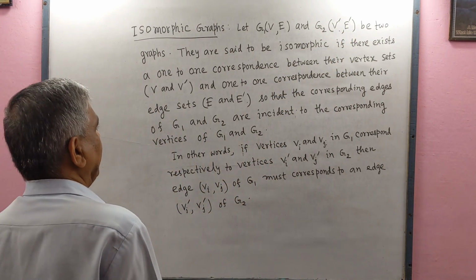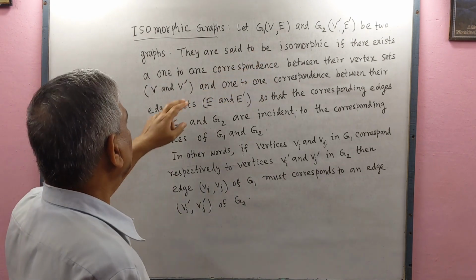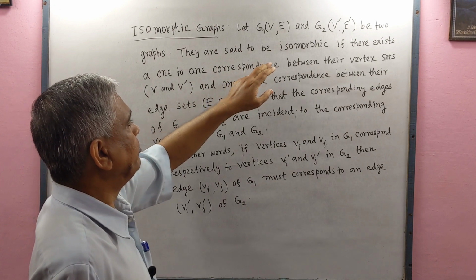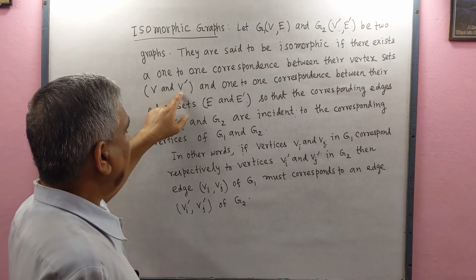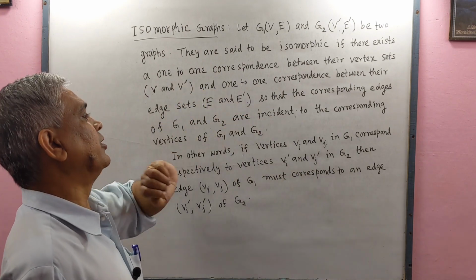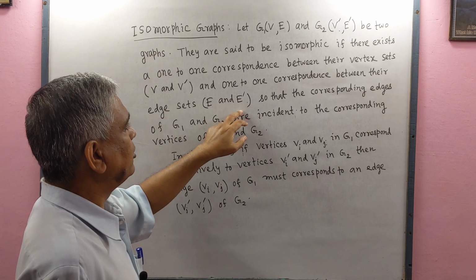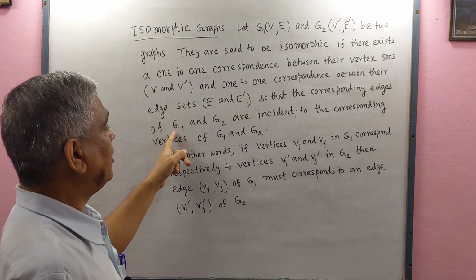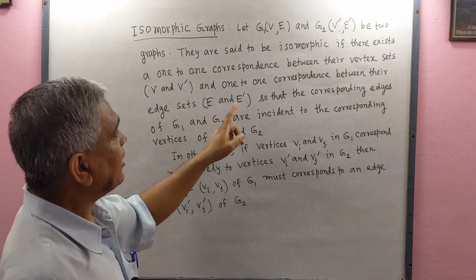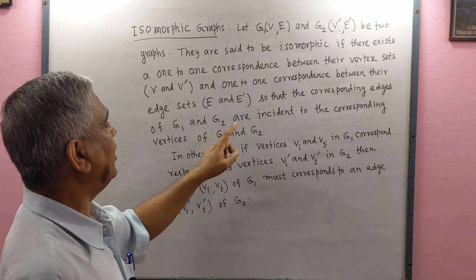These two graphs are said to be isomorphic if there exists a 1-1 correspondence between their vertex sets V and V', and a 1-1 correspondence between their edge sets E and E', so that the corresponding edges of G1 and G2 are incident to the corresponding vertices of G1 and G2.